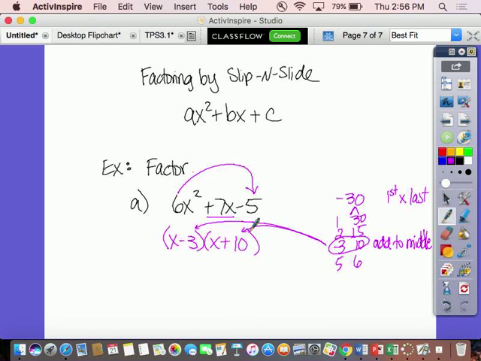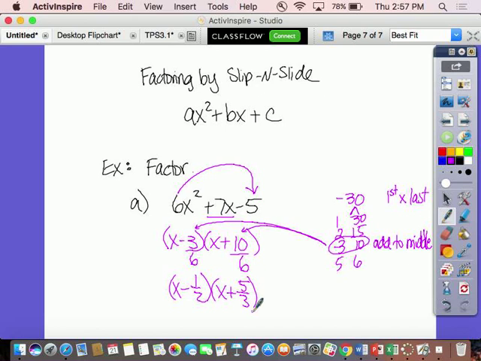Then you're going to go back and divide by the first number. Divide by 6, because we multiplied by 6 to get that negative 30. That gives me x minus 1/2, x plus, if you reduce that, 5/3.